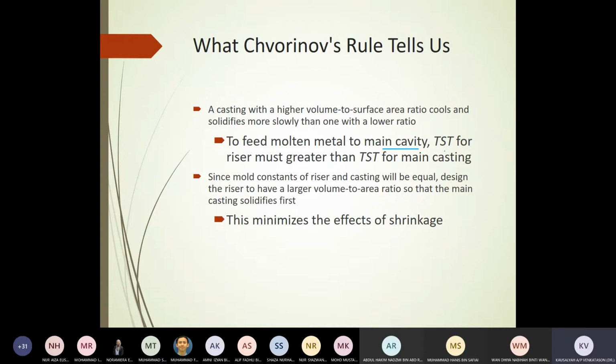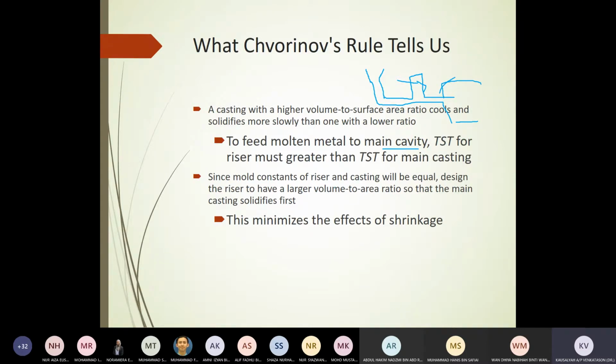So we have the pouring cup, and then the down sprue, and then you have the runner, and then you will have the riser over here, and after that it goes into our pattern. So the solidification time at the riser must be greater than for the main casting, basically. The main casting solidifies first, then the riser solidifies next.